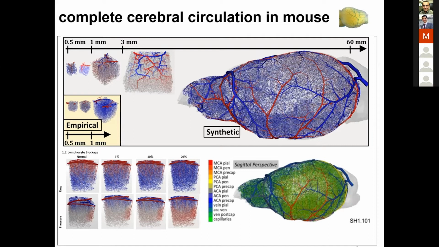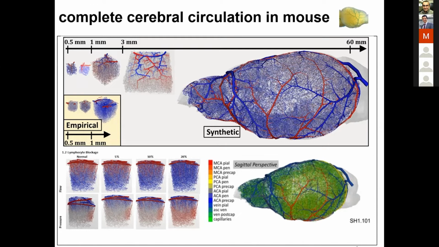So what our lab has been doing is we have created network structures that emulate the morphological parameters of our image sets, but extend them to larger sets. You can see here one example that is more than 3 millimeters. And we're able to create on the computer an entire mouse brain with the connectivity down to individual capillaries.